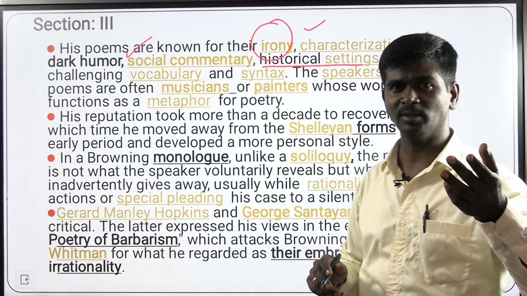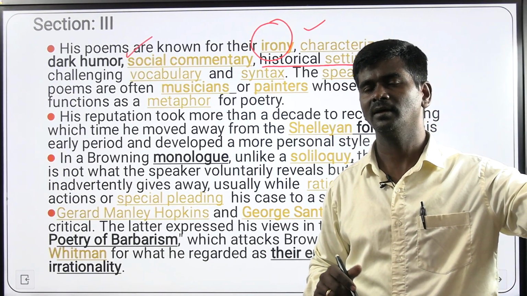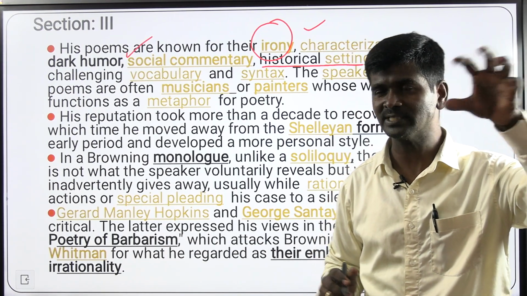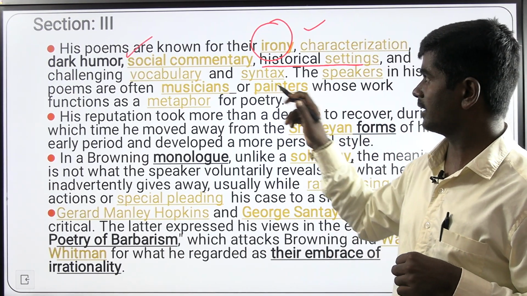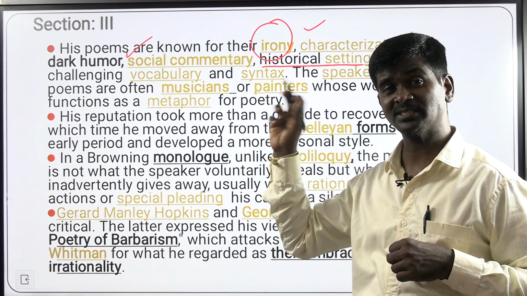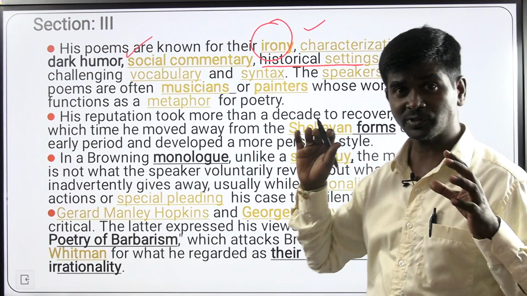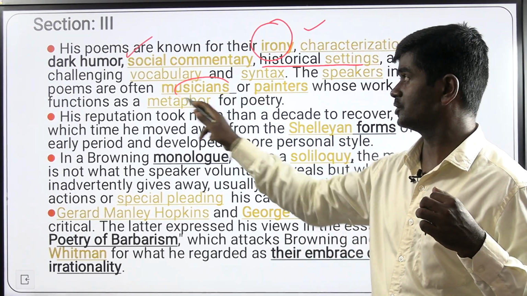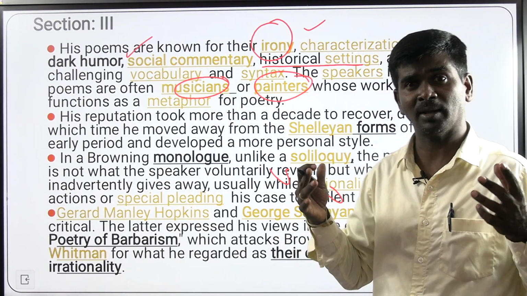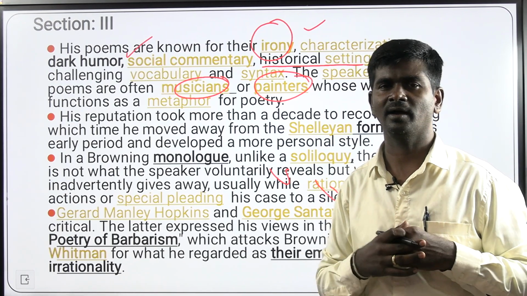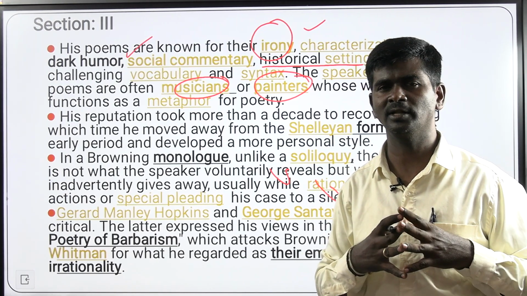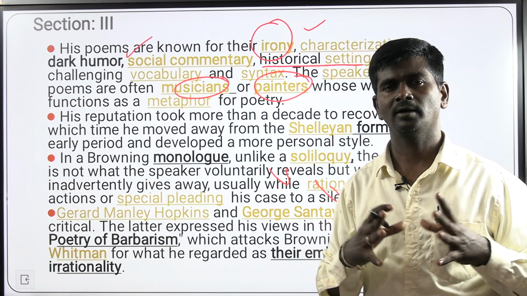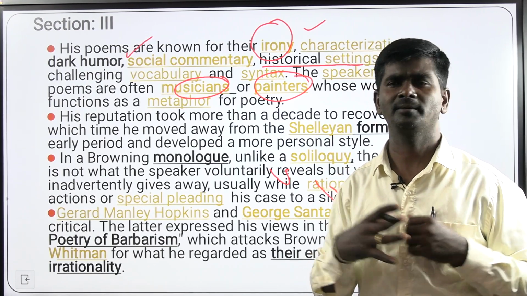For example, The Ring and the Book, a 1690s murder, and Sordello, set in 14th century Italy. He uses historical settings, and vocabulary, morphological and syntactical patterns. Most of the speakers in his poems are artists, like musicians and painters. For example, in My Last Duchess, the Duke of Ferrara; Andrea del Sarto, the painter; Bishop Blougram; Fra Lippo Lippi; and in The Last Ride Together, the greatest lover.